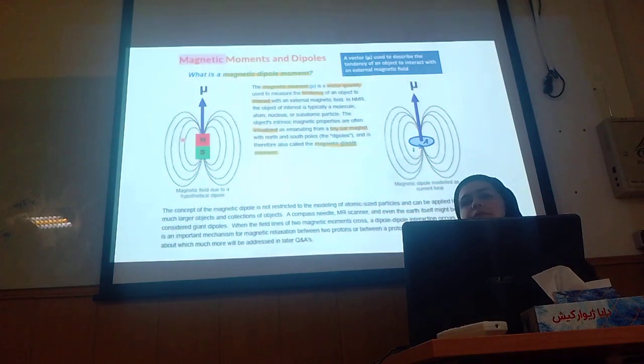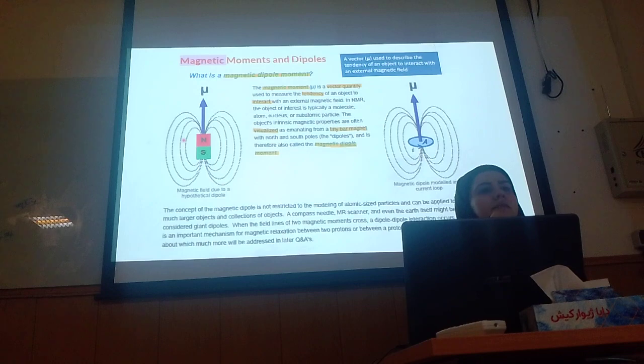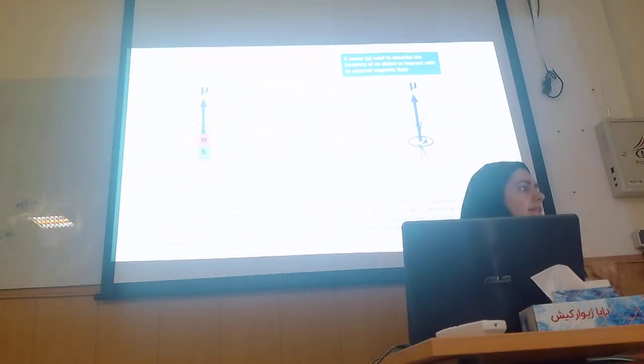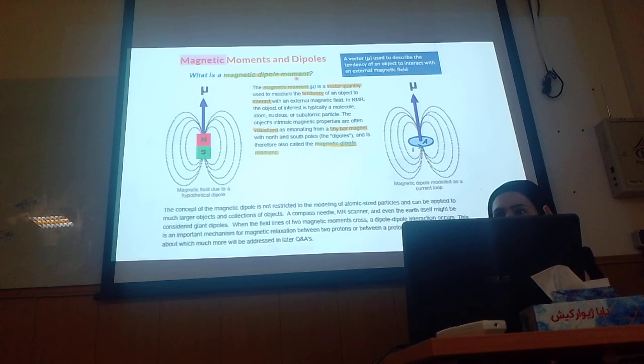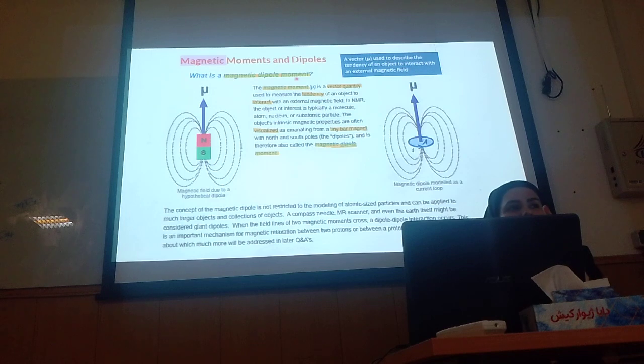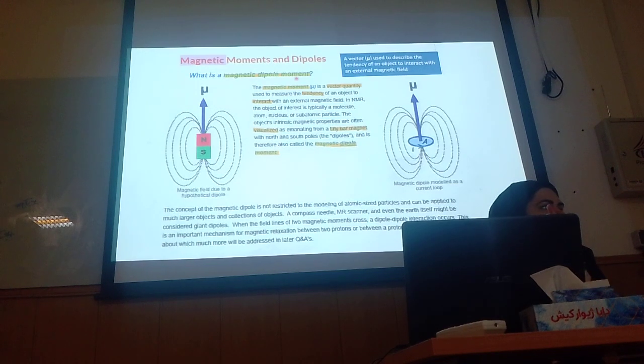Have you heard anything about this parameter, magnetic dipole moment? Each nucleus has a magnetic property around itself. It has a magnetic dipole moment, a vector quantity.